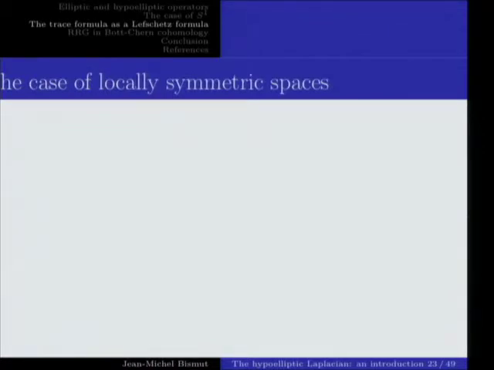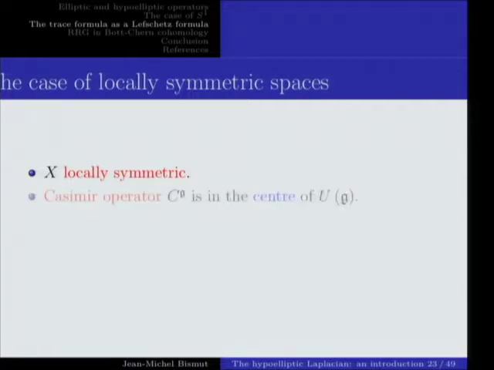So I will now review the case of locally symmetric spaces to explain why in this case it is possible to give a positive answer to this question. So let me take X to be locally symmetric. Is it important that it's compact?